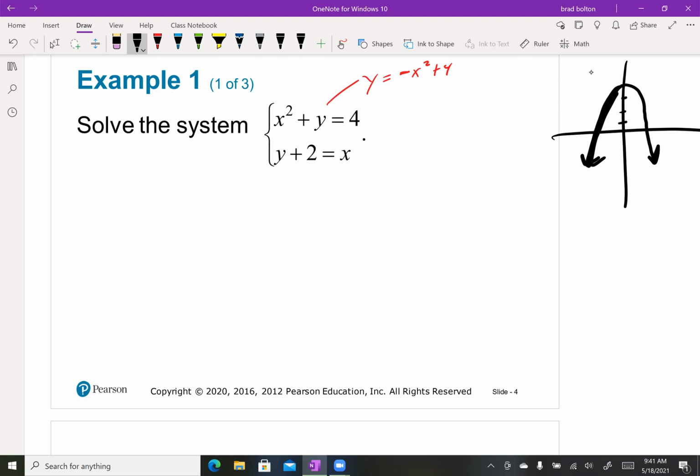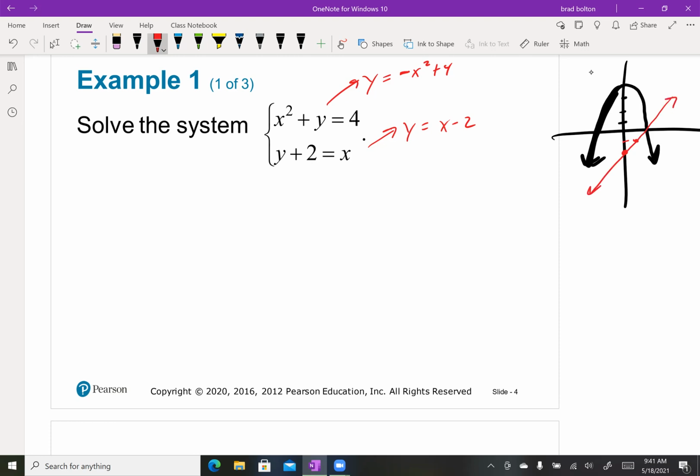Now we know that the line y plus 2 equals x. This is actually y equals x minus 2, because I could just subtract the 2 over. So if I wanted to draw this line, I would go down negative 2, 1, 2, put a point, and then, rise over run, I would rise 1 and I would run 1, right? So then we have this line.